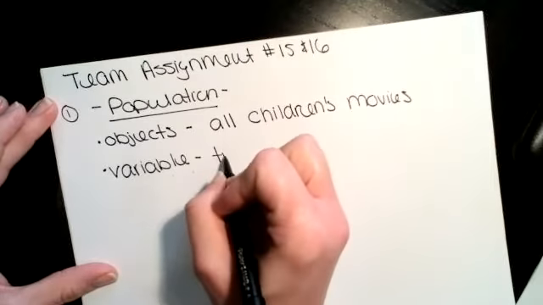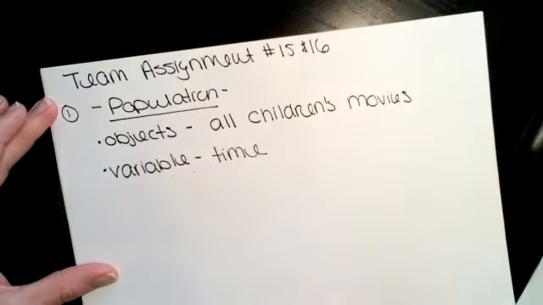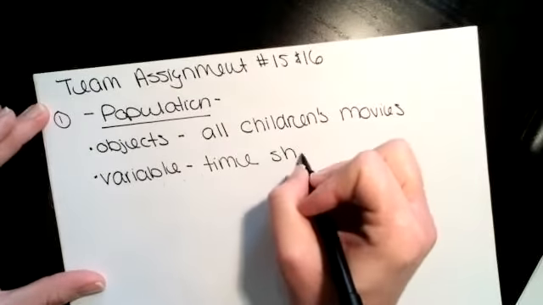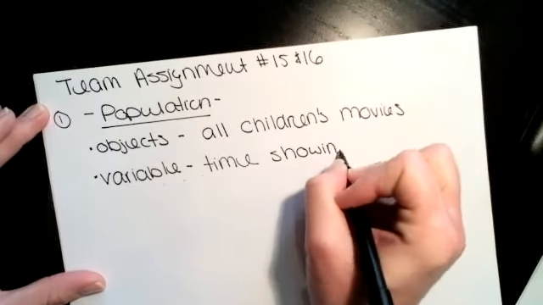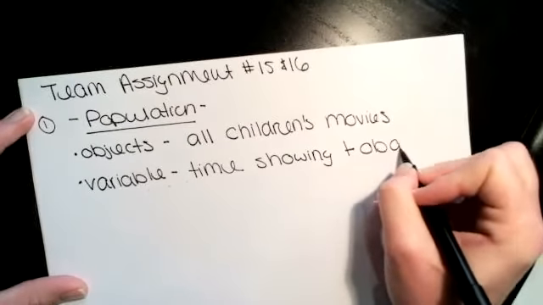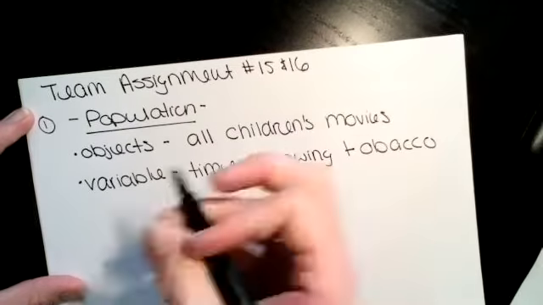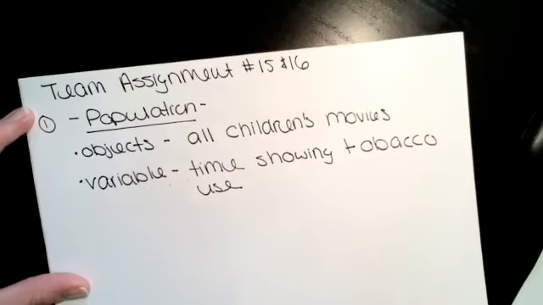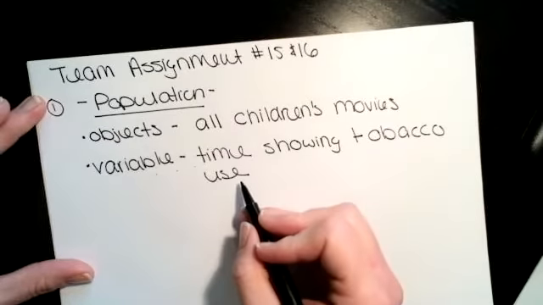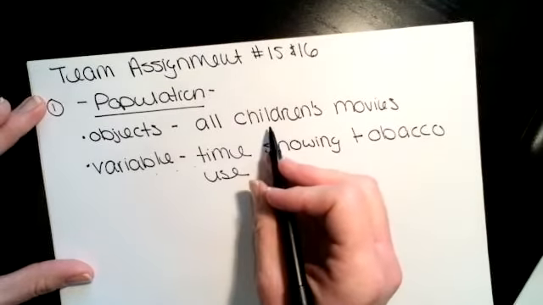You can just write time and that works because that's what's changing. I'm going to be a little bit more specific in this one and say time showing tobacco use. I feel like it's just a little bit clearer when I go on to the next part of this first step. So time showing tobacco use, that's what's changing from movie to movie, right?